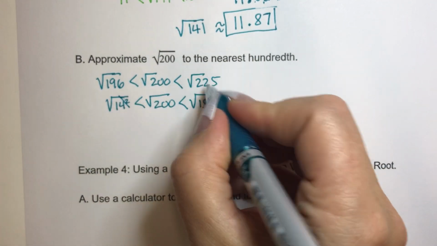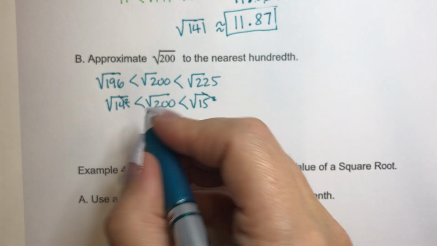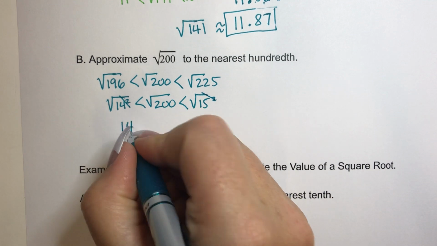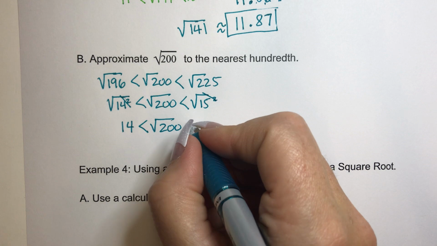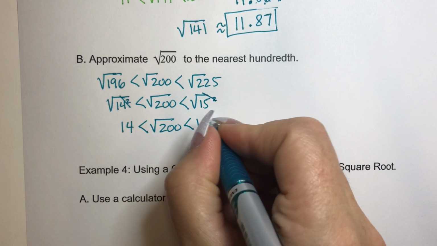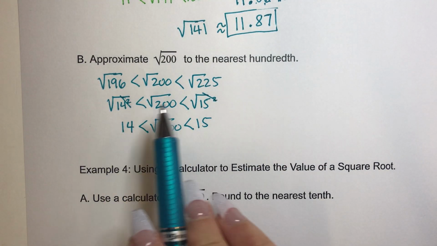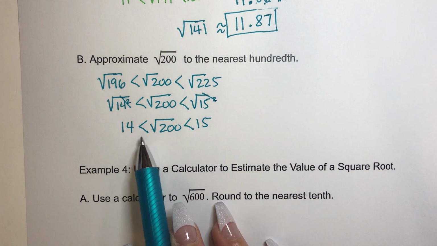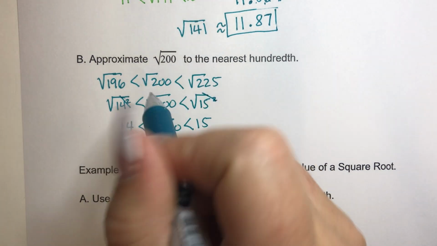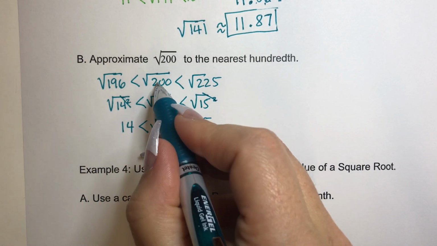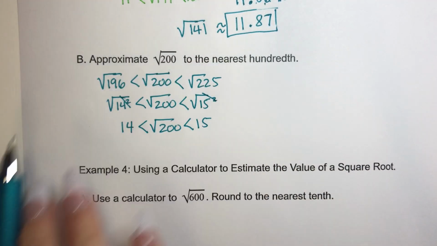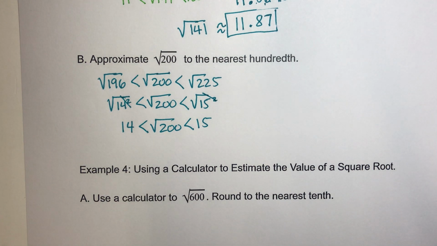Square root and squared cancel each other out, so we're left with 14 and 15. So it's between 14 and 15, and that's the whole number. It's going to be 14 point something. I'm going to guess that it's closer to 14, probably like 14.1 or 14.2, but let's do this little method and see if we can get pretty close.